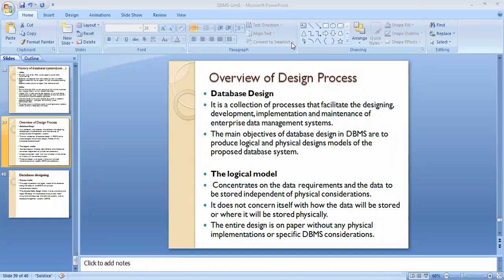The main objective of database design in DBMS is to produce logical and physical design models of the proposed database system.